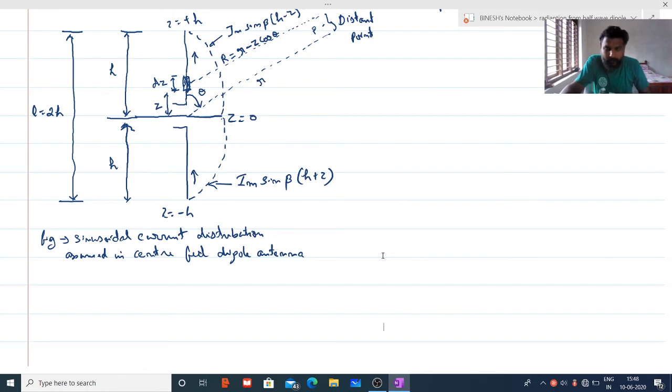The field will originate due to the current element I dz, and it appears to originate from an image element situated below the plane after reflection from the plane.